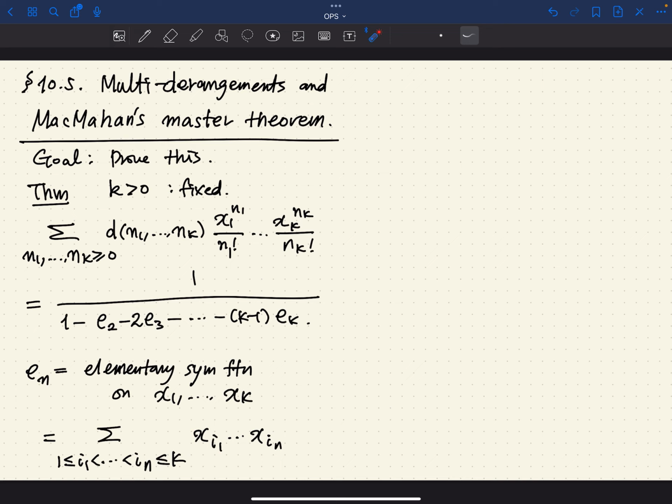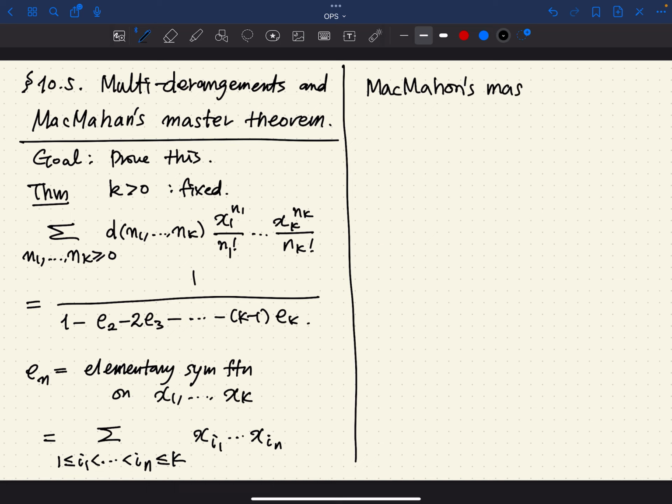So it's a nice theorem, and we will prove it. There are several proofs, but we will use this theorem. It's called MacMahon's master theorem. Statement. So A is a matrix.